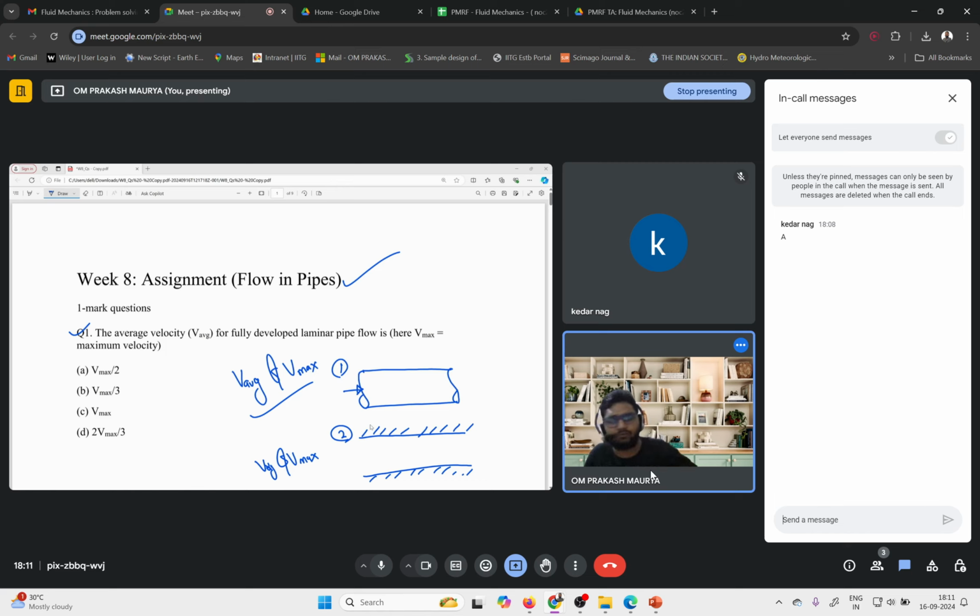Okay, the flow between two parallel plates, if you don't know, then I can tell you.